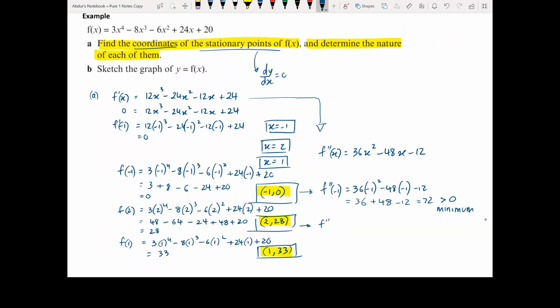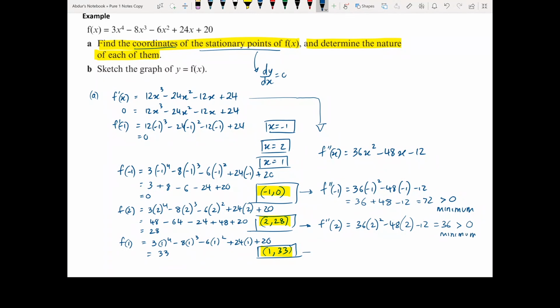We can do the same thing with this coordinate here. The second derivative at x equals 2 gives us 36 times 2 squared, minus 48 times 2, minus 12, which is 36 times 4 minus 48 times 2 minus 12, which gives us 36, which is again greater than 0, therefore a minimum.